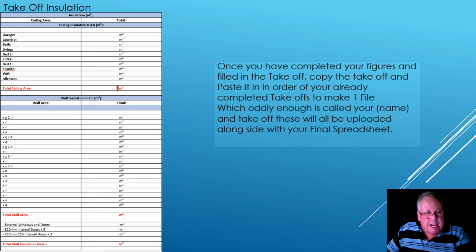For the walls, you can't quite do that, and so you just need to break into rooms and make sure that you don't double up by actually allowing in one room.